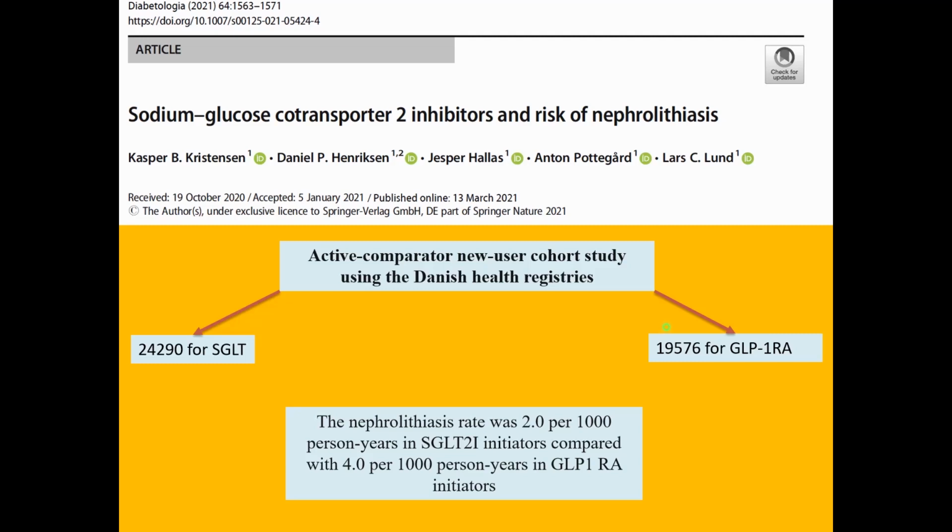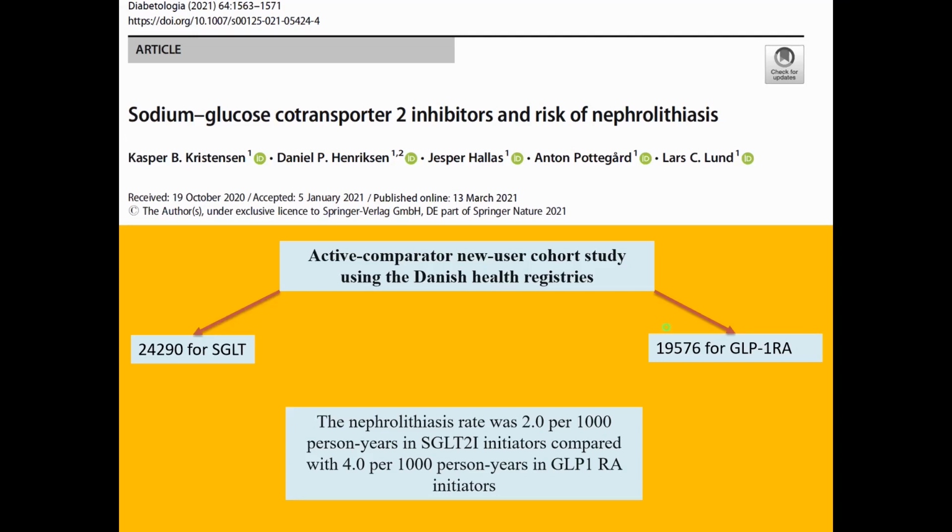One of the first randomized controlled studies in Sri Lanka will be conducted by Dr. Vasanta Karunaratne, senior registrar in our ward, on renal stone disease. The nephrolithiasis rate was reduced by about 2 per 1,000 patient years when compared with GLP-1 receptor agonists.